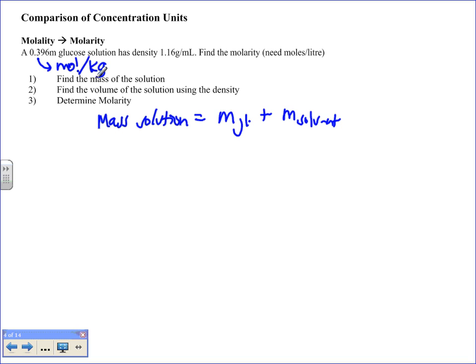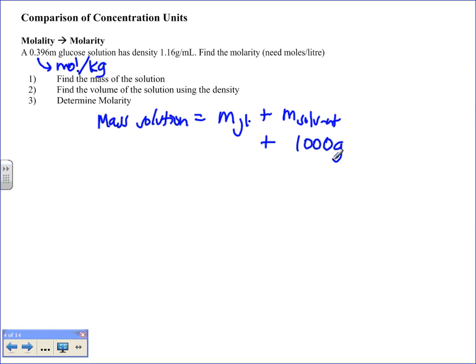And a kilogram of the solvent was used to prepare the solution. So if we want to figure out the mass of the solution, the mass of the solvent is easy because we're given the molality, so we've got 1,000 grams of solvent, or 1 kilogram.